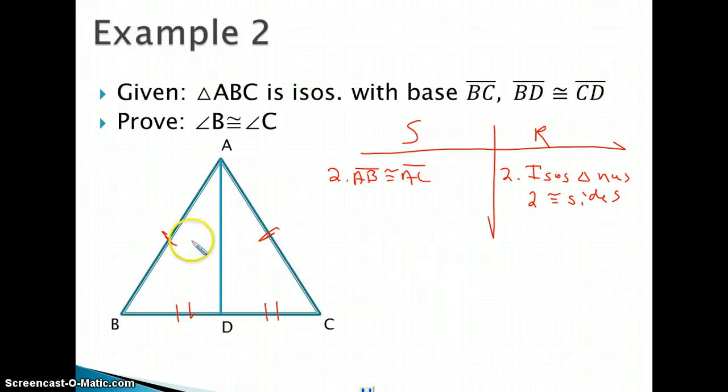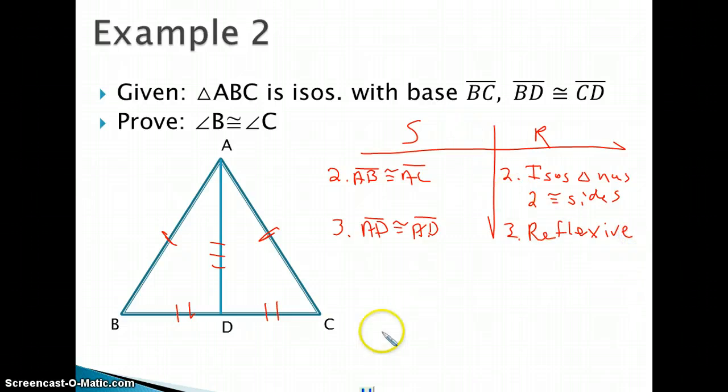So take those sides that you know are congruent and mark them off as such. From here I have two pairs of sides congruent. I can get a third quite easily by using reflexive property. So AD congruent to itself. And that's the reflexive property.